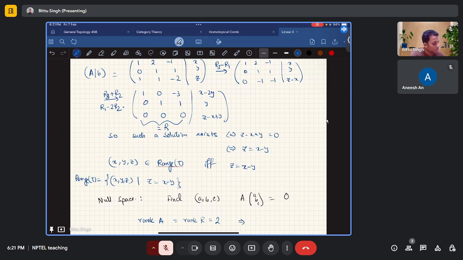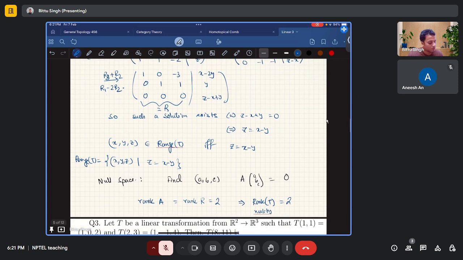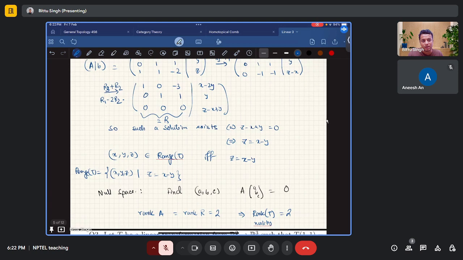Therefore the range space, that is the rank of T, the transformation, will also be 2, because A is the matrix representation of the transformation. And similarly, for nullity, the rank nullity theorem says that rank plus nullity should be the dimension of the domain.